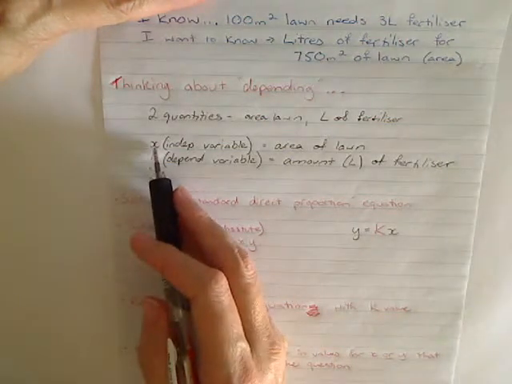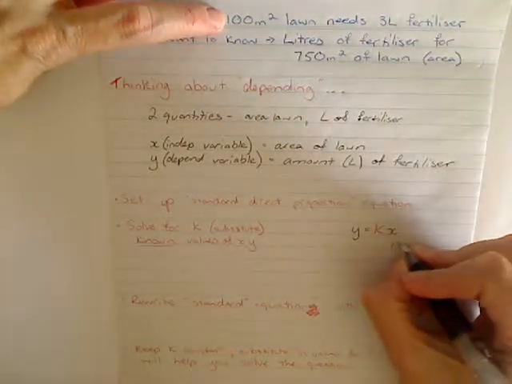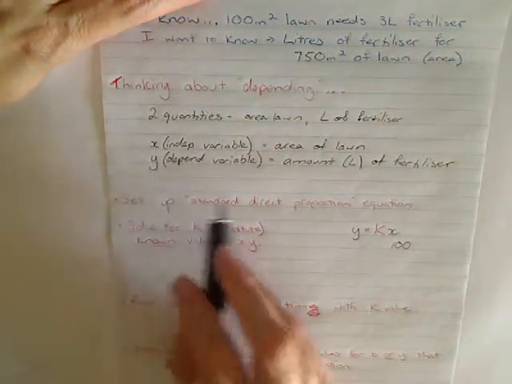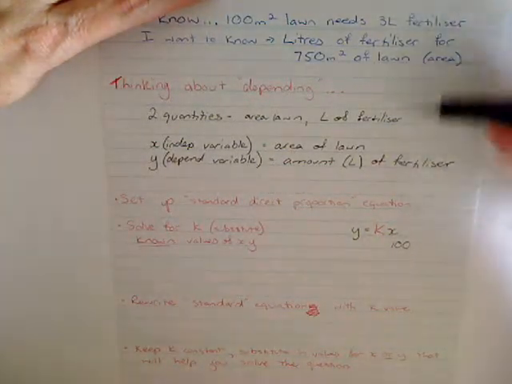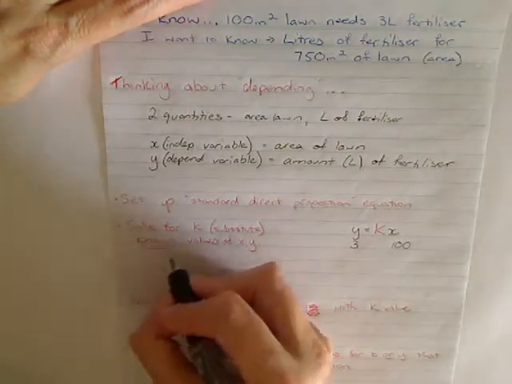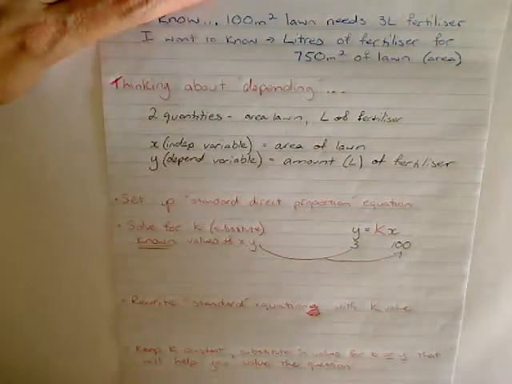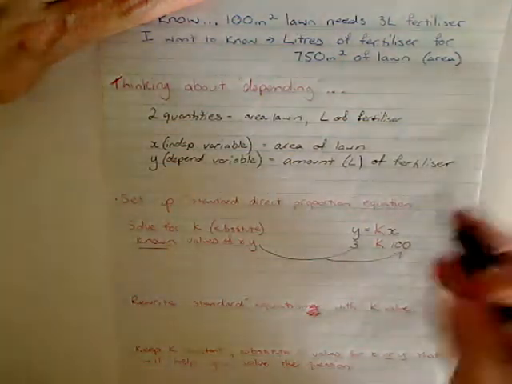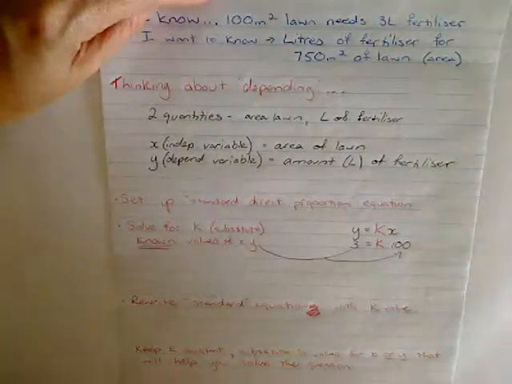Now remember that x is the area of the lawn, and the lawn is 100 metres squared. y is the amount of fertiliser that you need, and we know for 100 we'll need 3 litres of fertiliser. So I put in my known values of x and y for a particular ratio, and that allows me to solve for k. Find out what is this k. It's called a proportional constant for this particular situation.